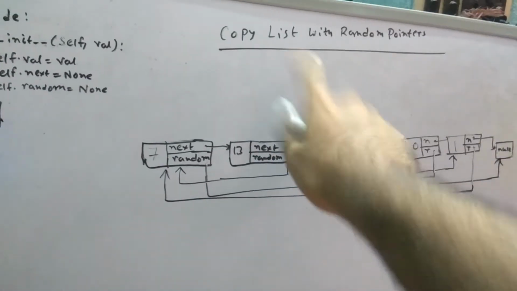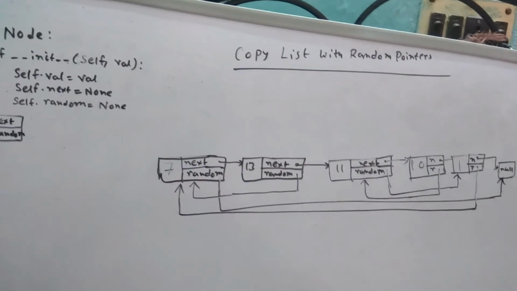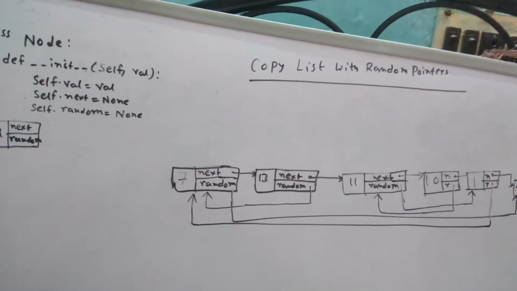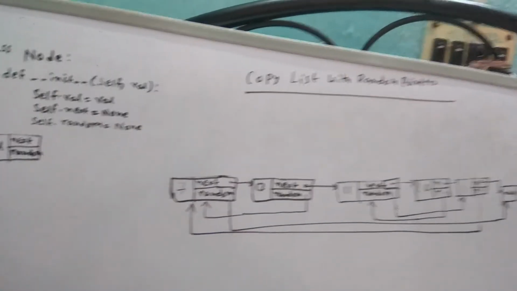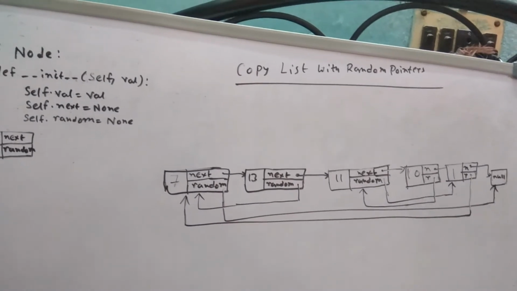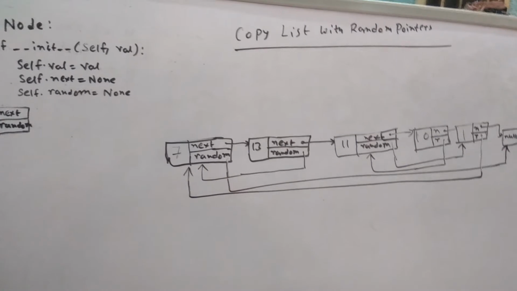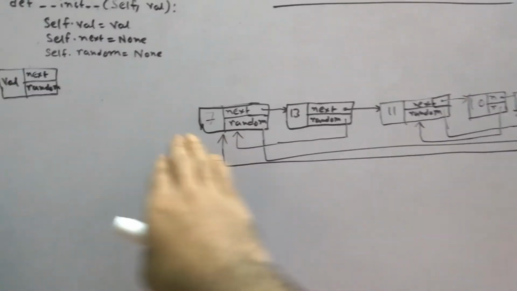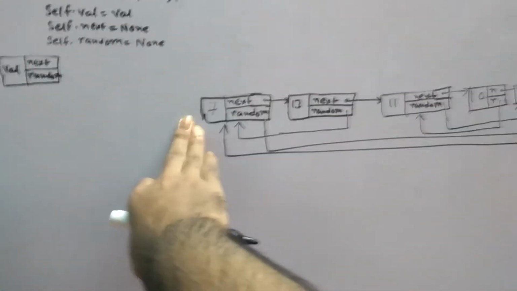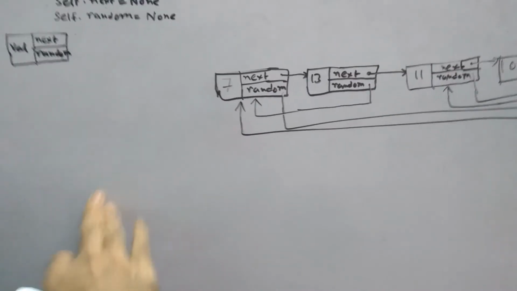So I guess the problem is pretty straightforward. How do we approach it? One basic first solution that comes to mind is to make a map of the current node of the given list and the new node which we are going to generate. Let me write down how this map will look.